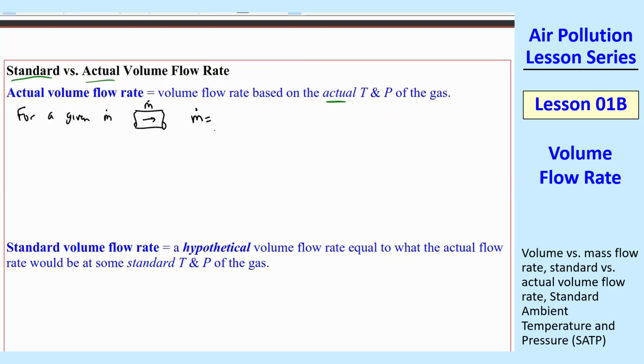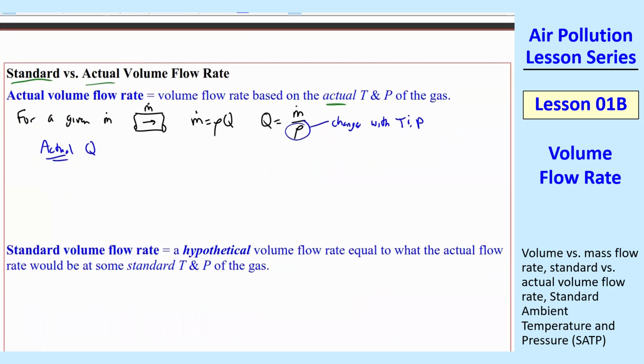M dot is rho times Q, and Q is then M dot over rho. The problem is that for a given mass flow rate, this density changes with temperature and pressure. So we're going to define the actual Q, as I said, based on the actual T and P in the duct. And there's really not anything special about actual Q.